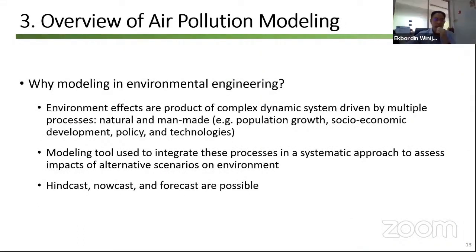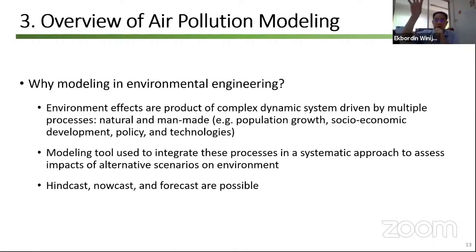Okay, for the overall air pollution modeling, because now we're going to talk about modeling, so I just give you information about air pollution modeling a little bit. Why do we need to do modeling in environmental engineering? The first thing is because the environmental system is very complex, right? If we're talking about air pollution, we're talking about one pollutant in the air.